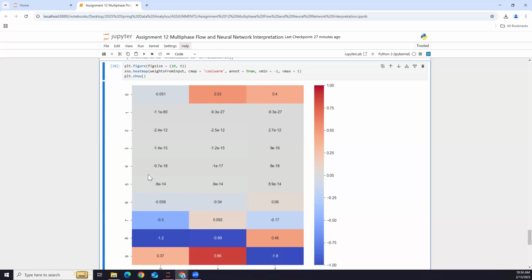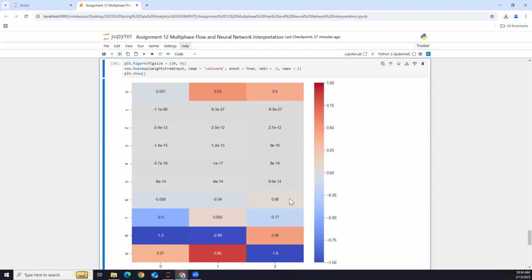And the reason why I'm showing this heat map is to illustrate how the neural network interpreted this data. Look at the magnitude of the weights. You can see that the weights associated with the 0th input are relatively high.